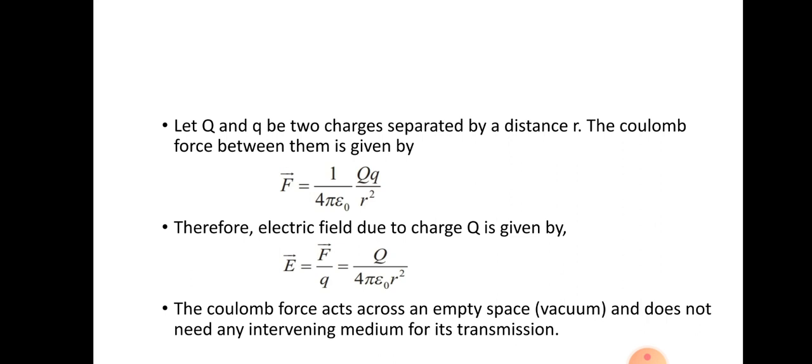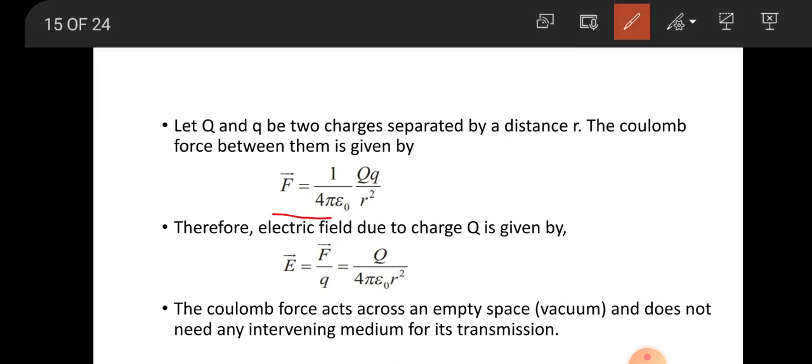Then according to Coulomb's law, we know that the Coulomb force between the two charges, that is F, is equal to K, and the value of K we know, that is 1 upon 4 pi epsilon naught epsilon r, where epsilon r is equal to 1, into the product of the magnitude of the charges divided by the square of the distance between them. ये Coulomb law जो है, that we have already seen.